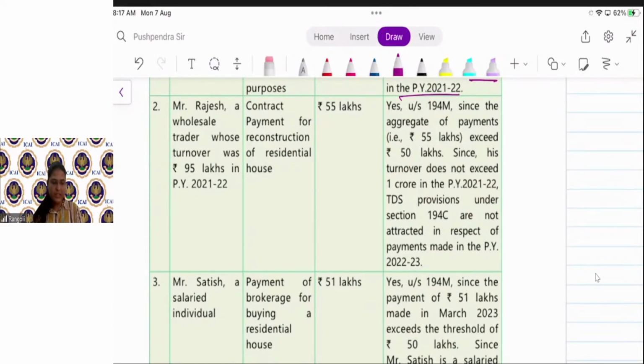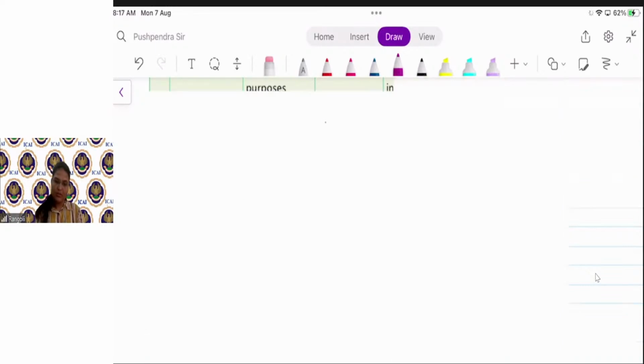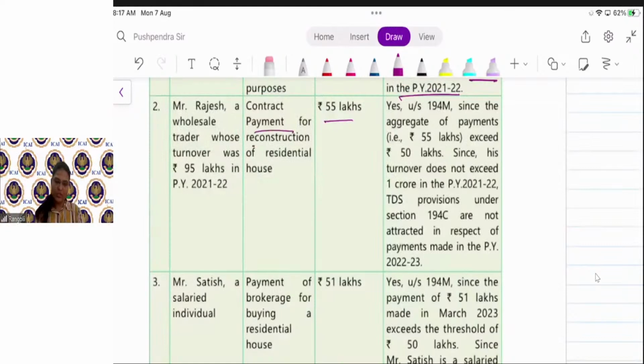In the current year, he is making payment of 55 lakh for construction or reconstruction of residential house. It is for personal purpose. But the payment is more than 50 lakh. So TDS is required to be deducted under section 194M.